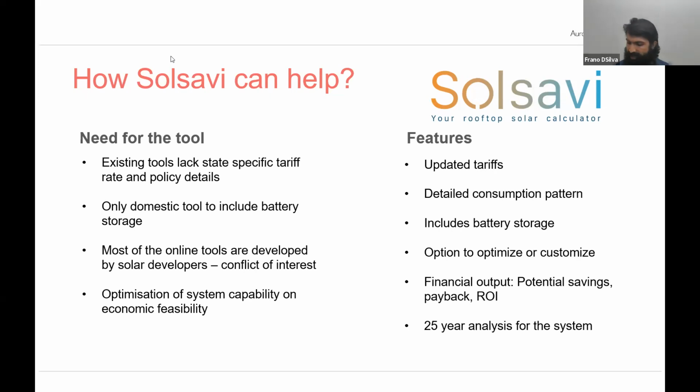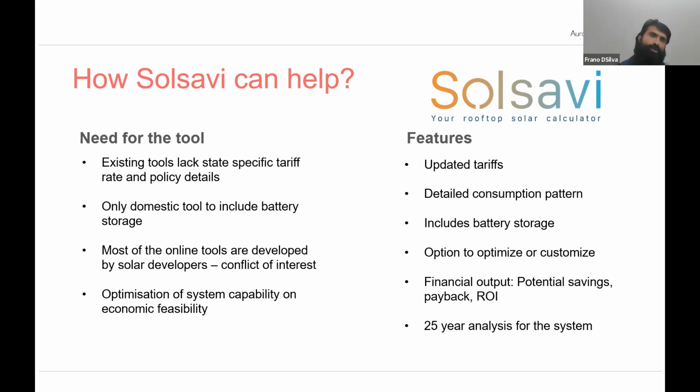The financial outputs that we get from Solsavi are in terms of potential savings, the payback period, and return on investment. The analysis is done for 25 years, which is the same as the lifetime of a PV solar panel. Where Solsavi improves on the existing tools is that it gives us updated tariff and policy regulations.